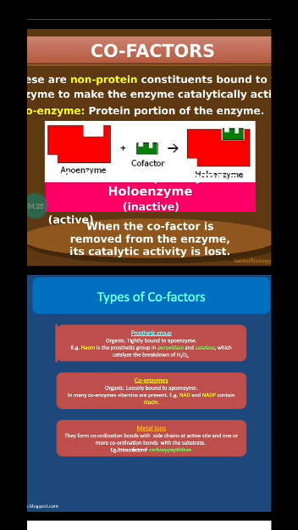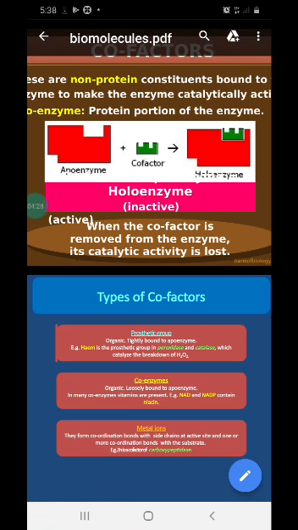The metal ion, what do they do? They form coordinate bonds with the active site of the apoenzyme and also form coordinate bonds with the substrate. Clear? For example, zinc. Zinc is a cofactor of carboxypeptidases. What is that?